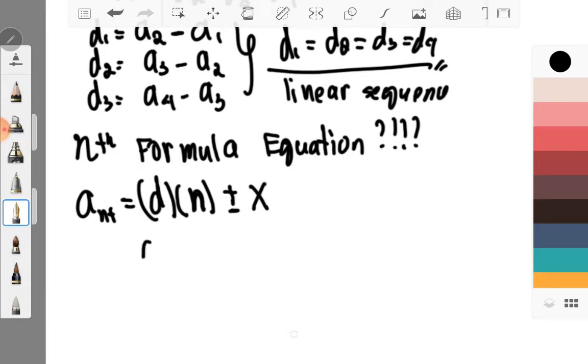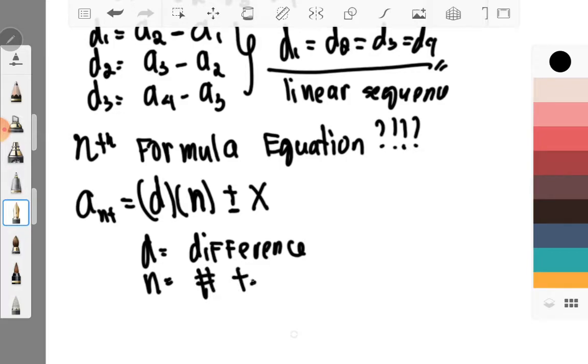Take note that my d is equal to the difference of each of the sequence. N is the number of the term.